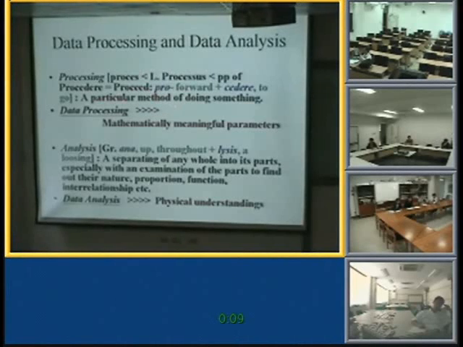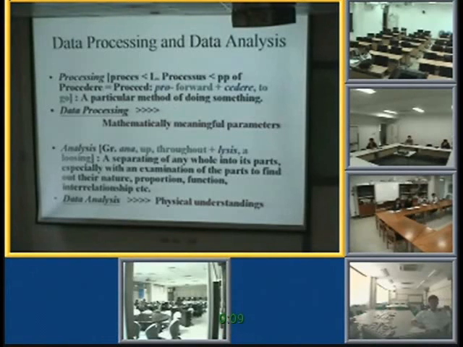Put this together, that is a particular method to do some particular things. In other words, you have a prearranged, pre-given, predefined algorithm. And once you take this algorithm, you put your number in, something comes out. You don't have to think anymore. This whole processing does not imply thinking. It implies move forward, do something.